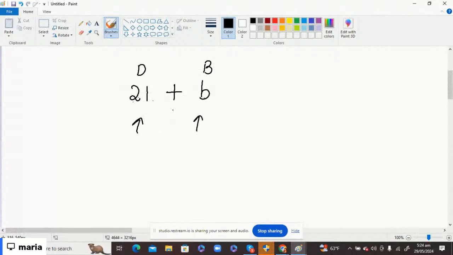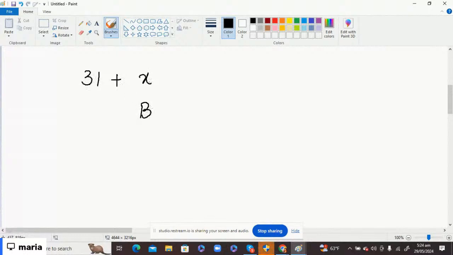If, for example, they are saying that Dabby has 31 buttons and Brenna has X more than Dabby, so it's basically X more than Dabby. This is Brenna, and this is Dabby.